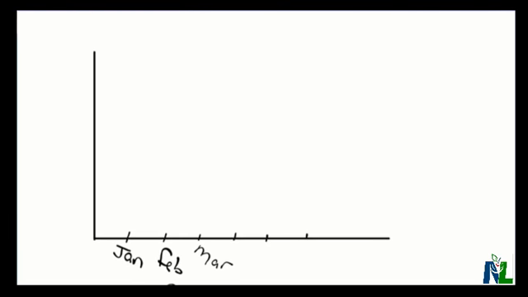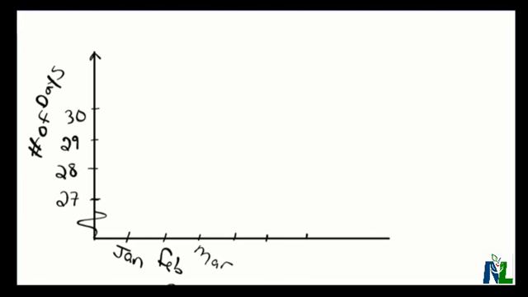On our vertical axis, we would have our number of days. For our purposes, I will start our graph at 27, 28, 29, 30, 31. So we are graphing the number of days in a month.